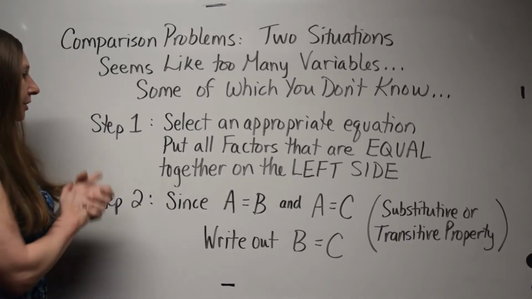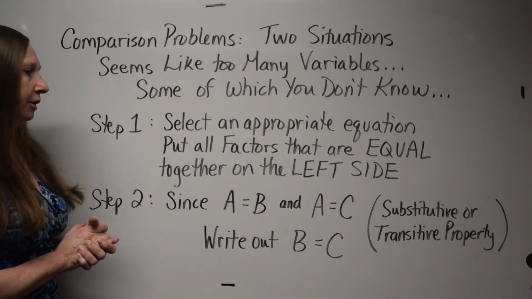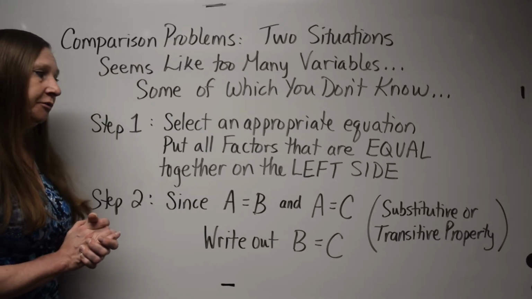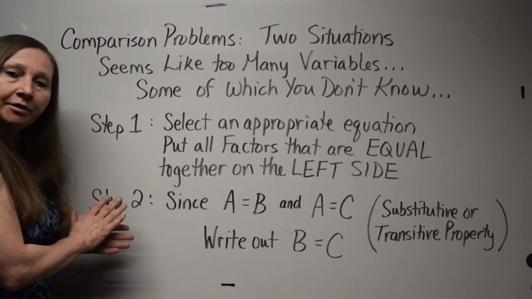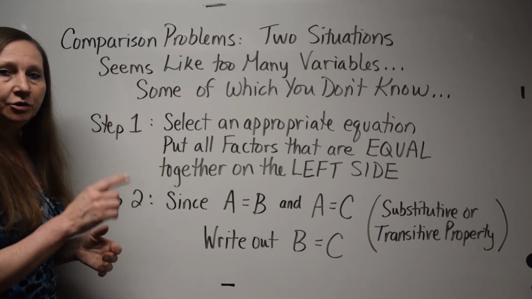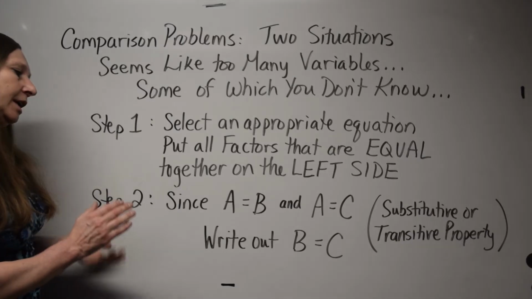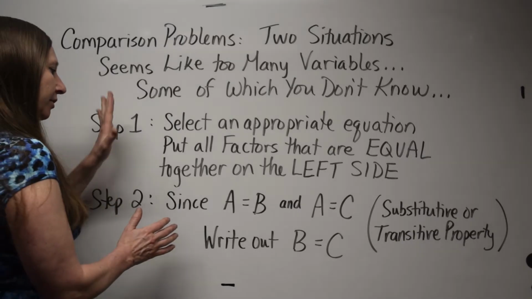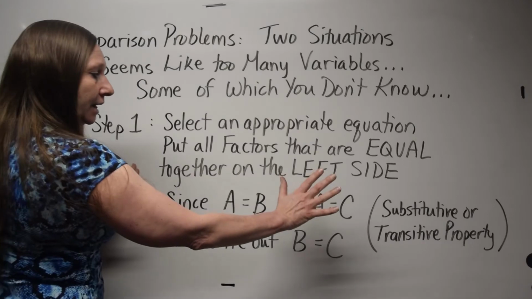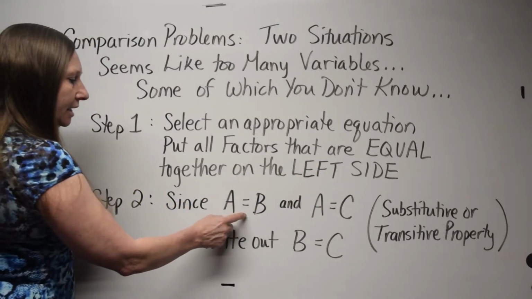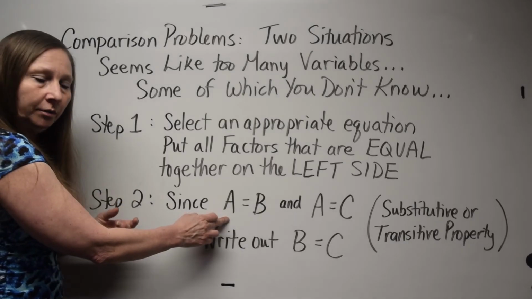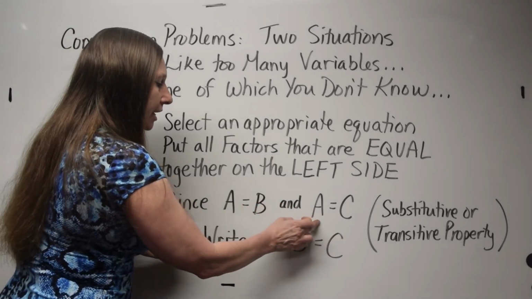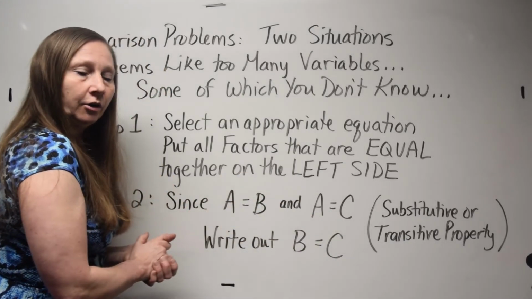What you want to do, step one, is select an appropriate equation, and then put all of the factors that are equal for the two situations together on the left side. I'll demonstrate that in just a moment. Then step two: since you have the first situation and the second situation, you have A equals B, where A is all the factors that are equal, and A equals C, where again A is all the factors that are equal.